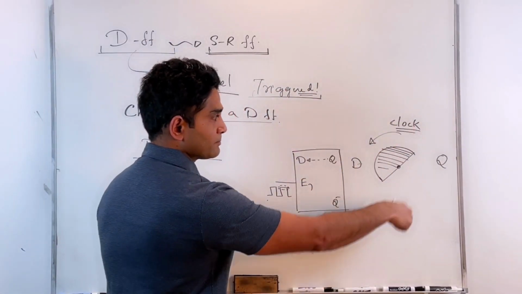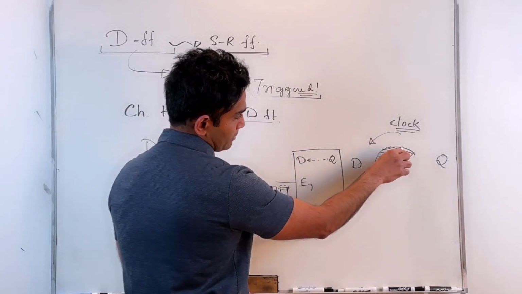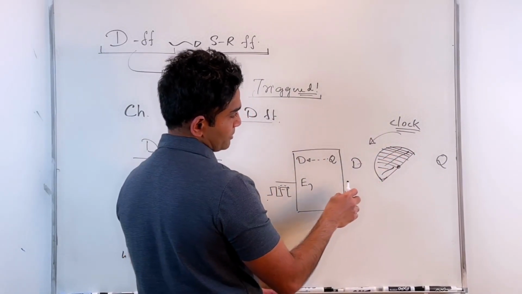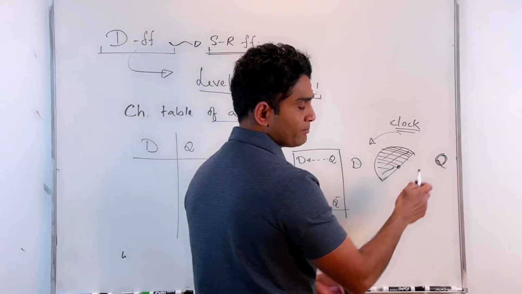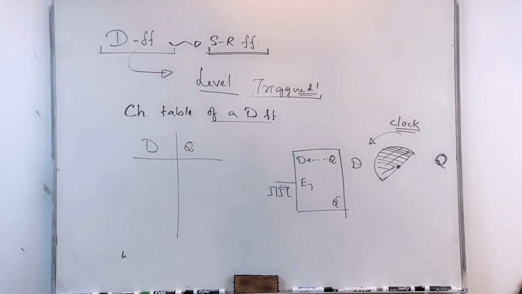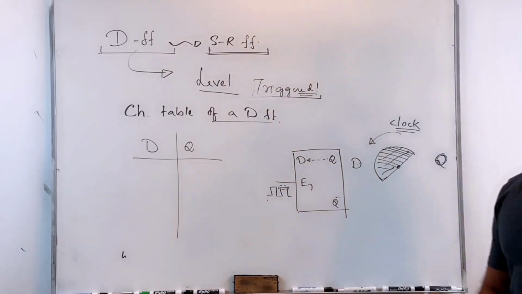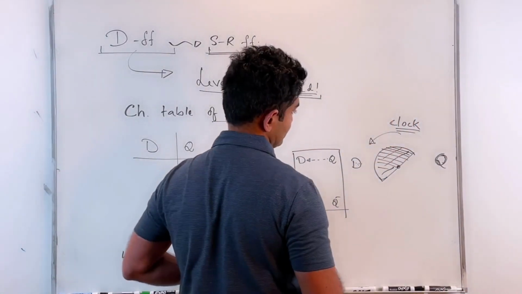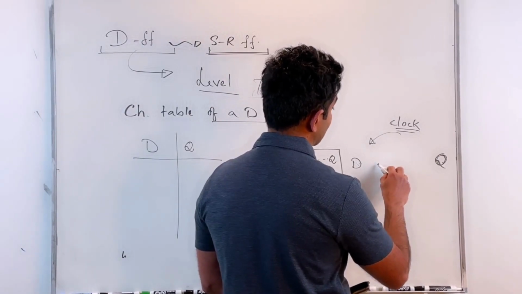Now, as long as this opaque thing is not blocking D and Q, my Q can see what is happening to D, and then Q can respond like D. So whatever changes are happening on D, Q sees them. On the other hand, once it's completely blocked, you won't be able to see it, right?